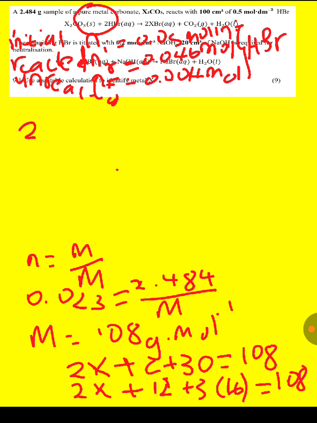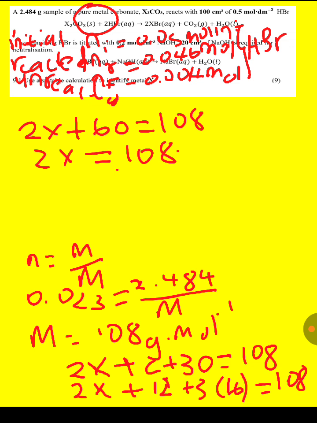So now this is 2X plus 60 is equal to 108. And 2X is equal to 108 minus 60, which is 48. Divide by 2, divide by 2.